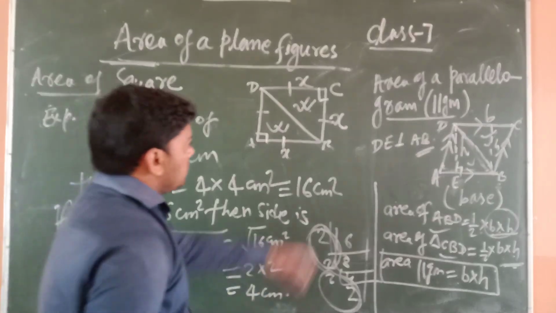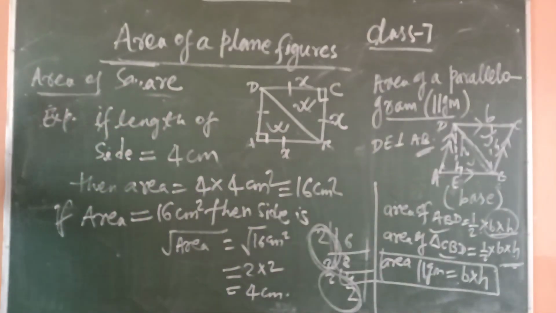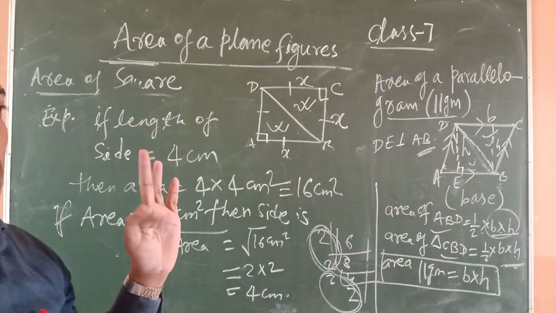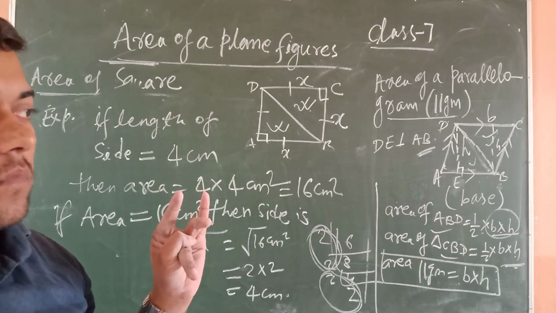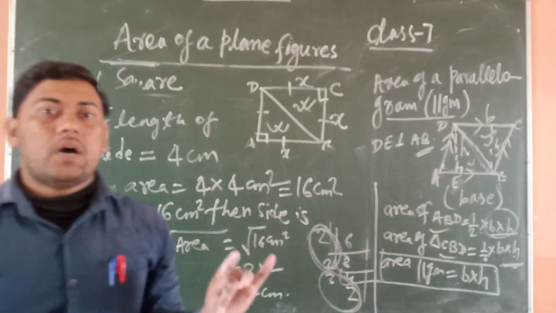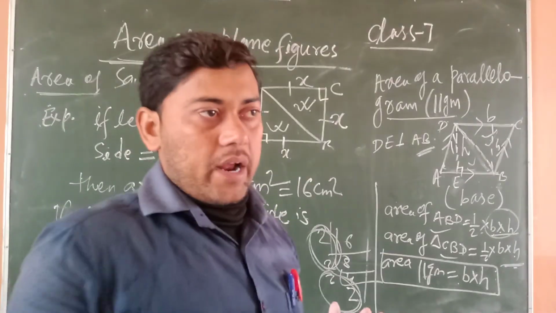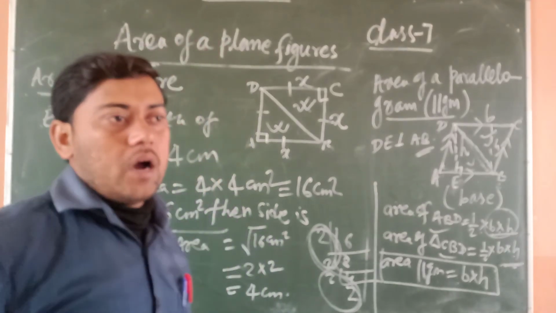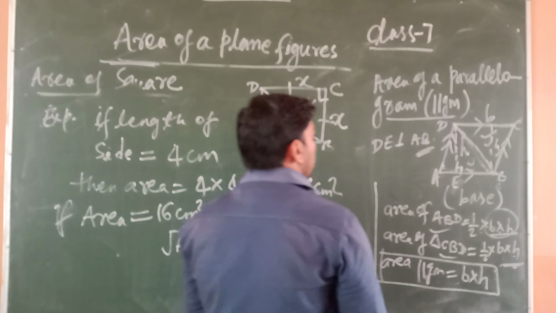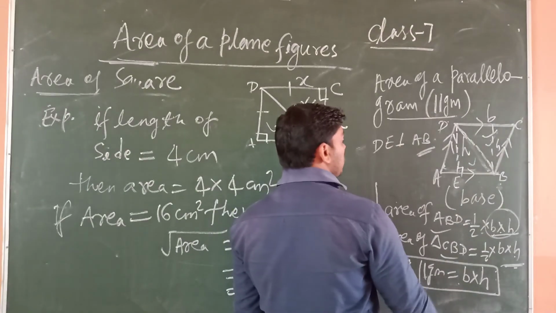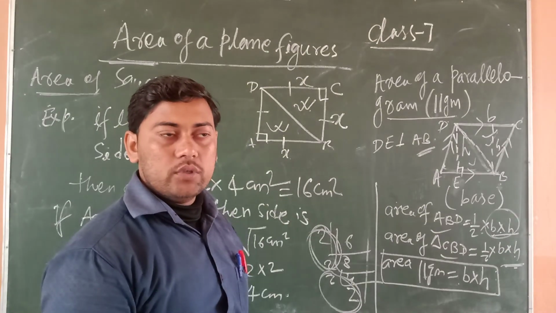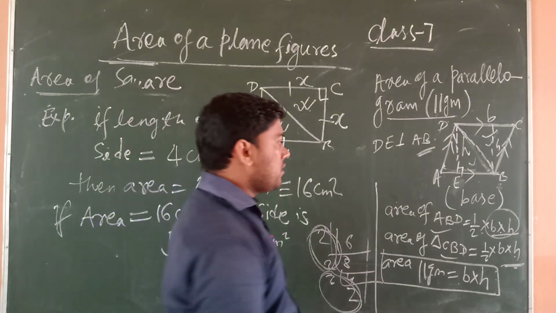So students, for finding the area of a rectangle, a square and a parallelogram, you only have to remember the formula for the area of a triangle: 1/2 into base into height.